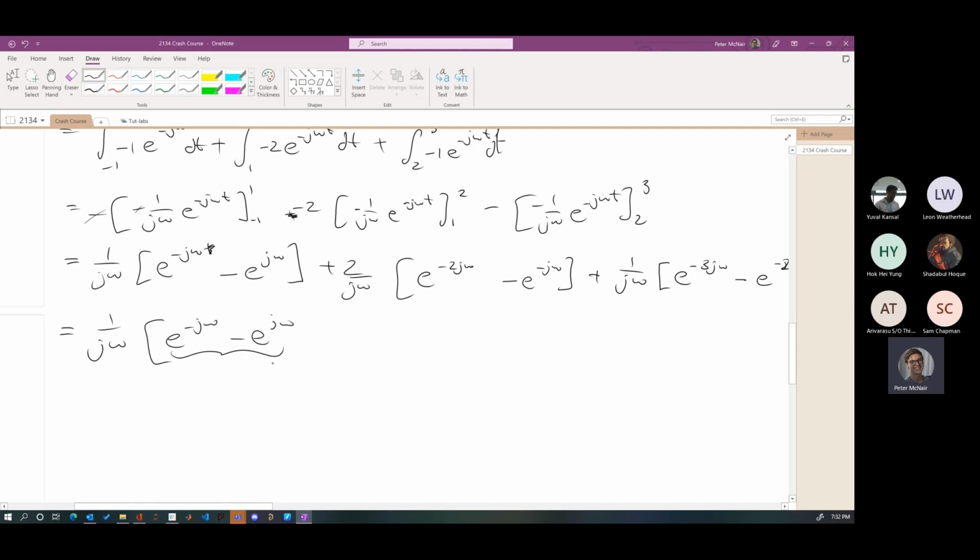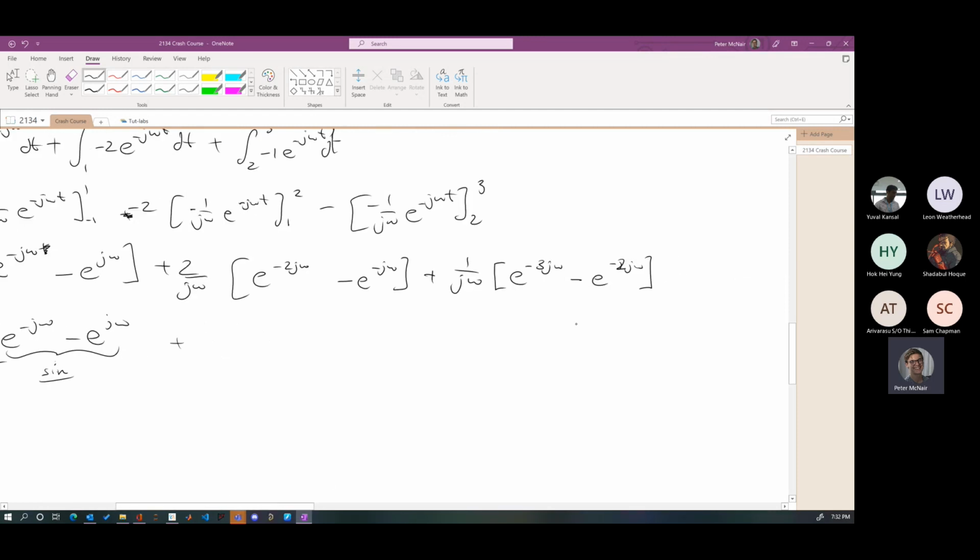This we could turn into a sine of some form if we wanted to, plus, here we have e to the minus 2j omega. We have 2 of them, but then we subtract 1. So I'm just going to add 1 of them.